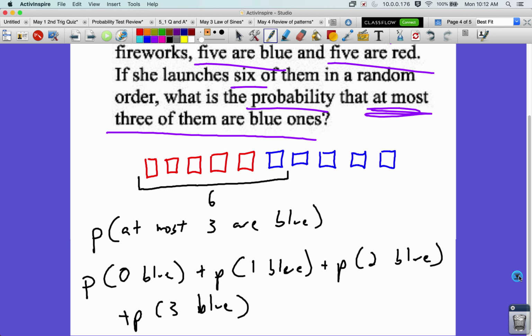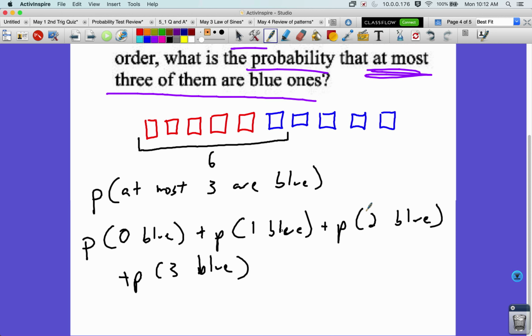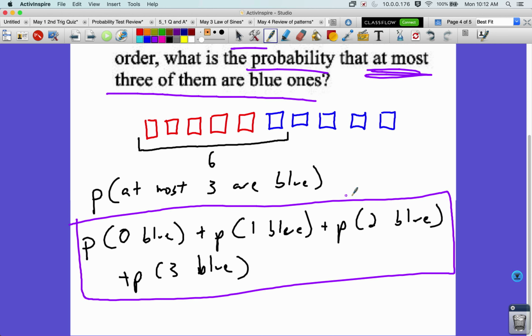Okay, so that's 4 different probabilities to calculate. But this altogether should get us the probability that at most 3 are blue. Because if you have 0 blue, then we have not gone over 3. And 3 is okay, at most 3. So 3 is allowed, but we can't go past that.